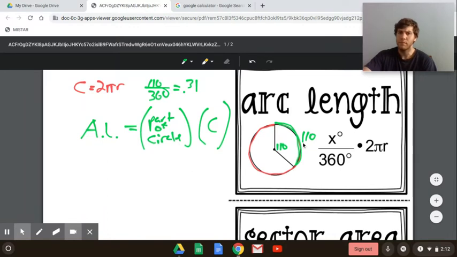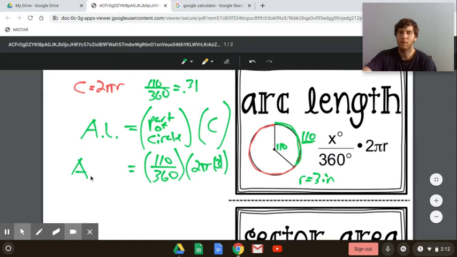If the measure of the arc is 110, we have 110 over 360, and then the circumference is 2 pi r, so 2 pi times, let's say the radius was 3 inches here.